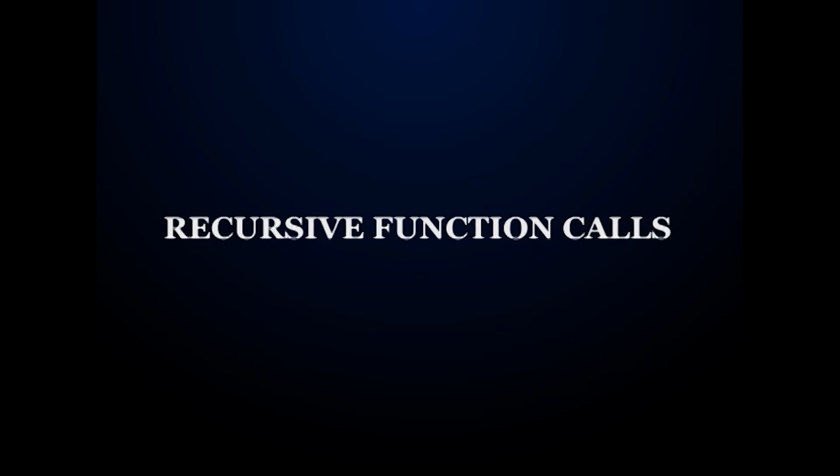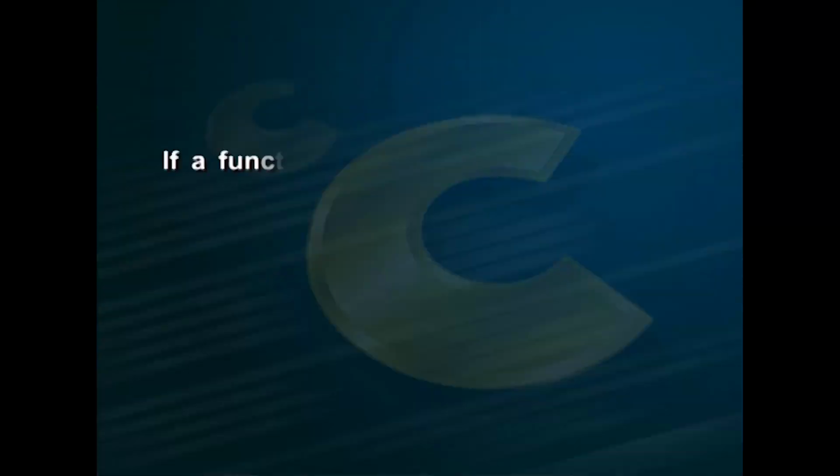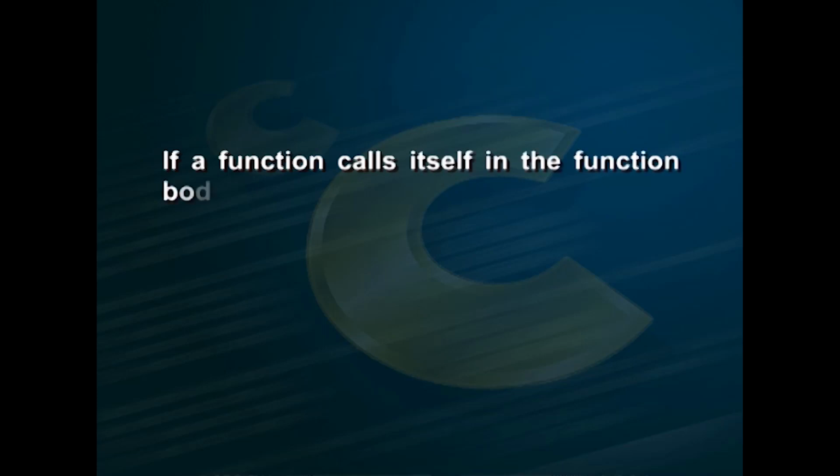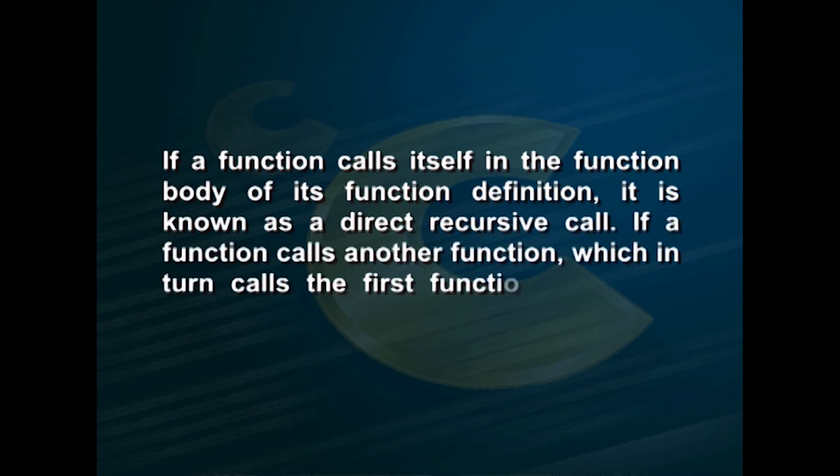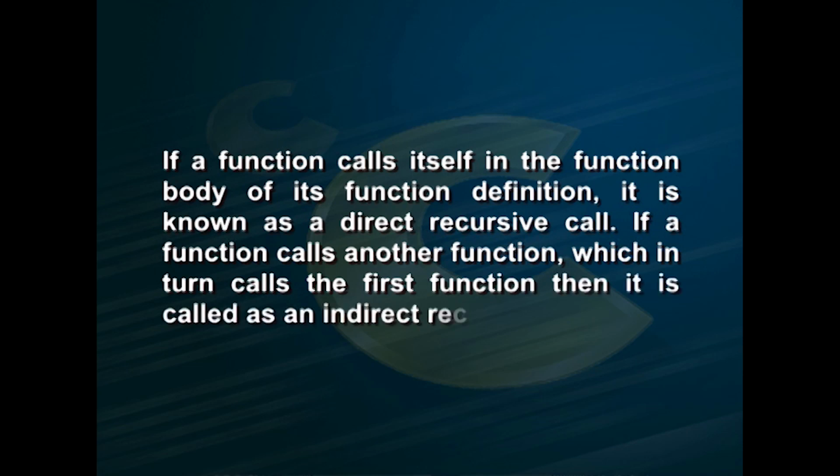Recursive function calls. Based on the function call, functions can be classified as recursive and non-recursive functions. If a function calls itself in the function body of its function definition, it is known as a direct recursive call. If a function calls another function which in turn calls the first function, then it is called an indirect recursive call.